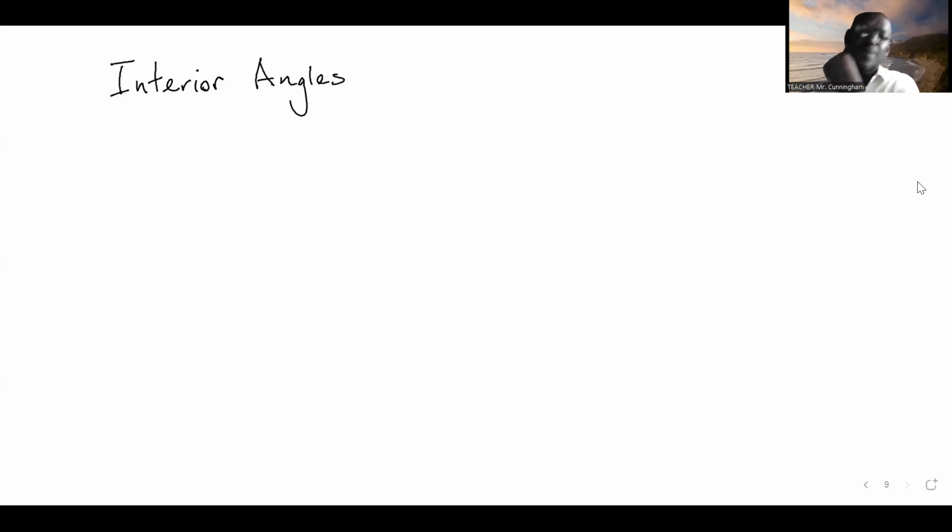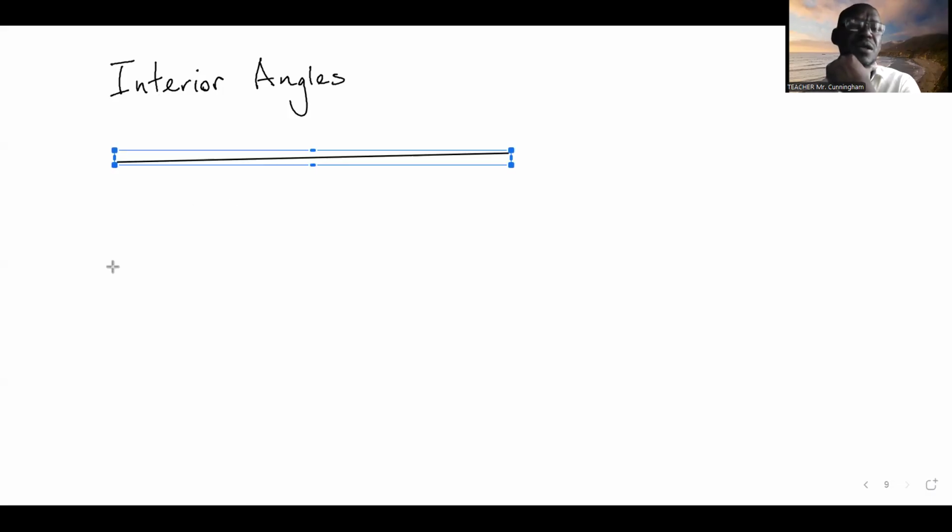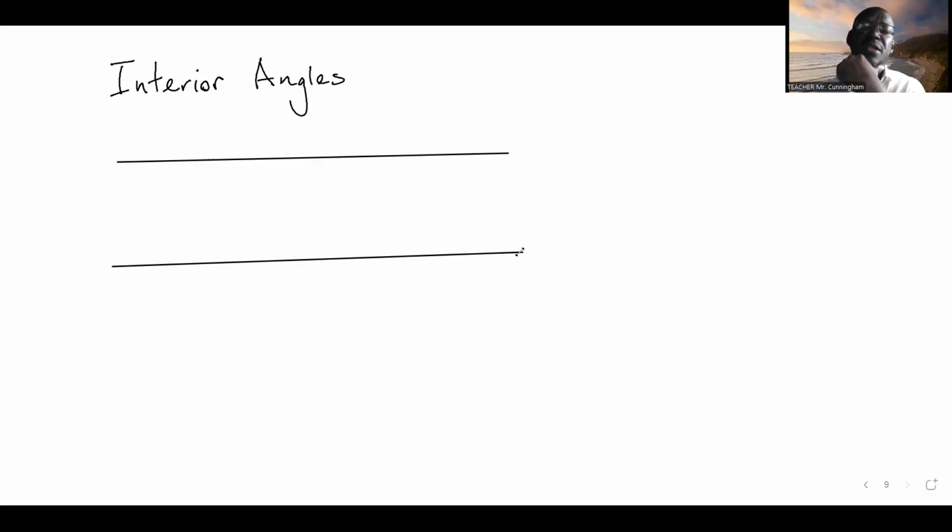So, interior angles. What are interior angles? For interior angles, again, we must have two parallel lines. And of course, the sign for parallel lines: sometimes they will use 2 arrows, representing that the lines are parallel.